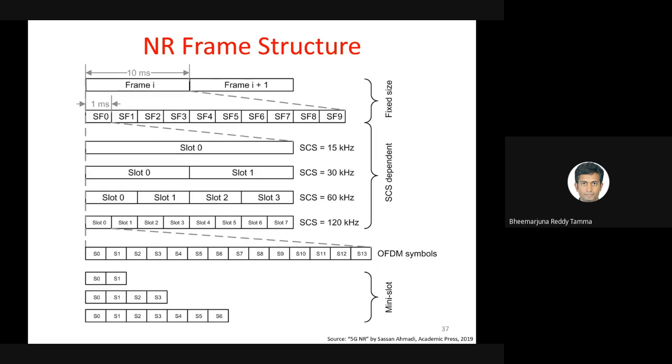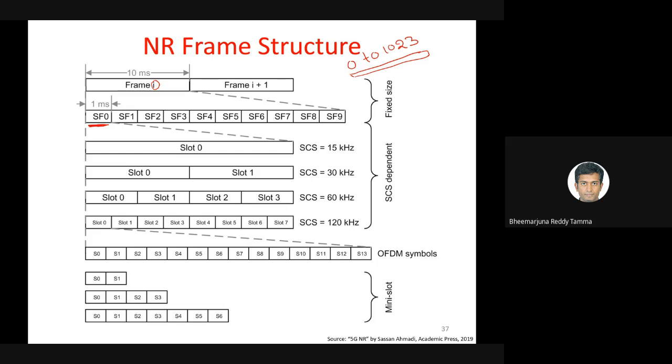Each subframe here is 1 millisecond, and taking 10 such subframes together gives 10 milliseconds in the time domain, which we call frame I. In the time axis we have different frames. The frame numbers vary from 0 to 1023 and get wrapped up. Like that we have frame I plus 1, and so on, going on forever in the time domain.